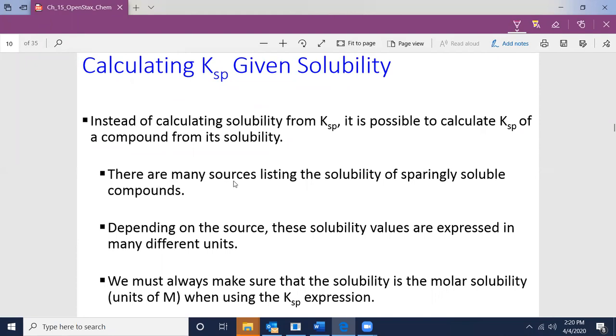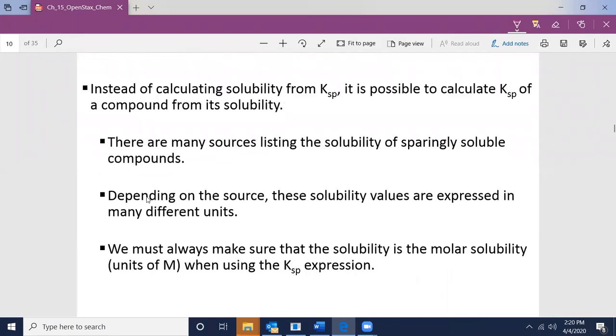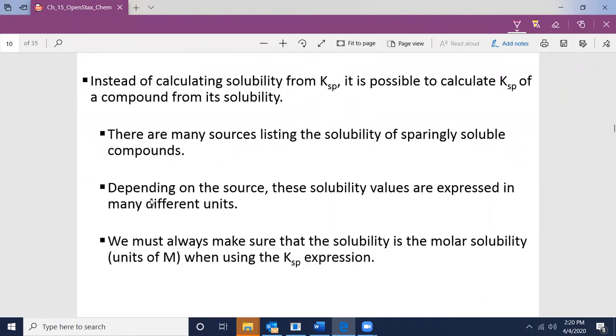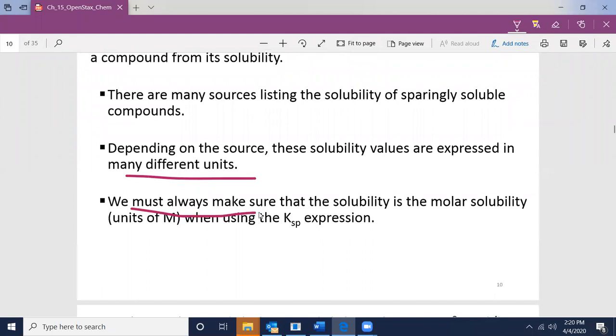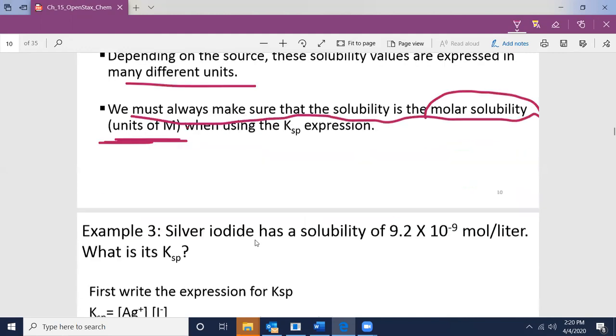There are many sources listing the solubility of sparingly soluble compounds. Depending on the source, the solubility values are expressed in many different units, so do not get confused with that. We must always make sure that the solubility is in molar solubility, meaning molar concentration. We need that when using the KSP expressions. That's the general rule. We need molarity.